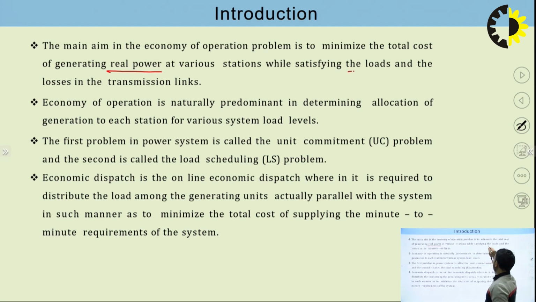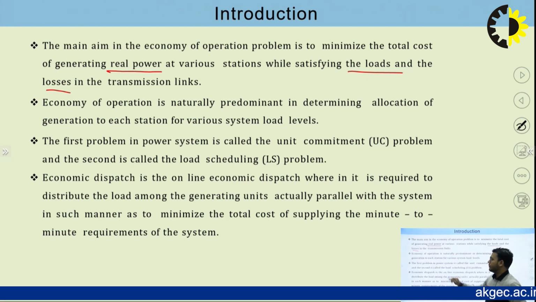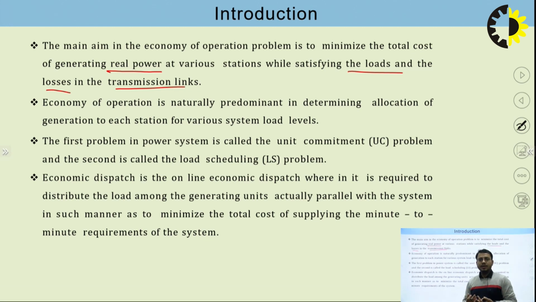Most of the losses occur in the transmission system only. If we talk about the transmission system, we have short, medium, and long transmission lines, and most of these losses are in the long transmission line, right? So these losses have to be satisfied.